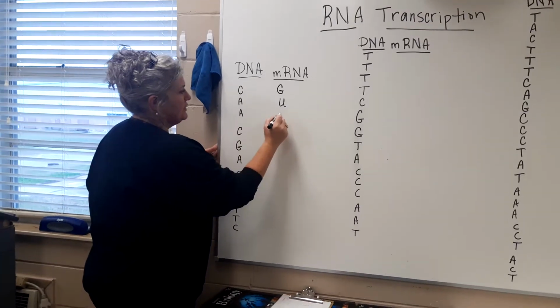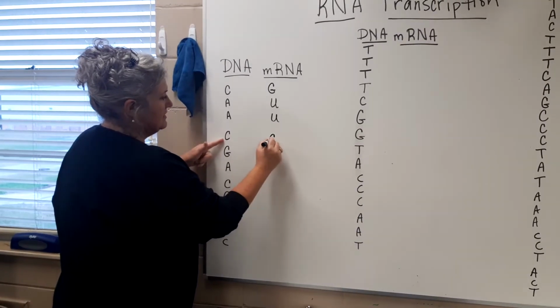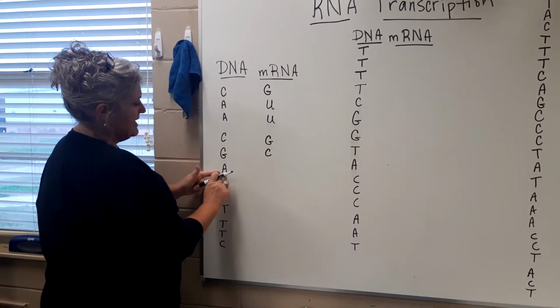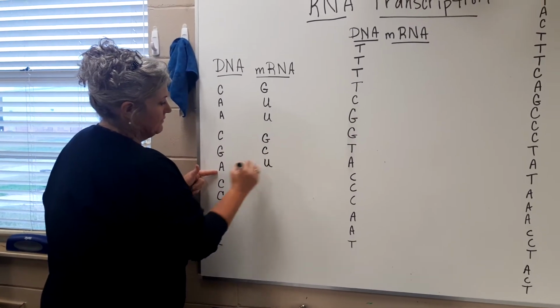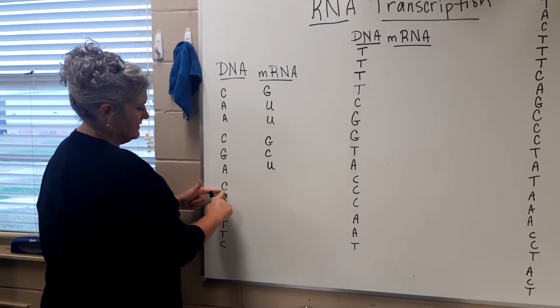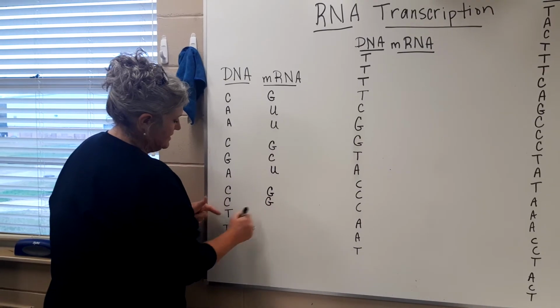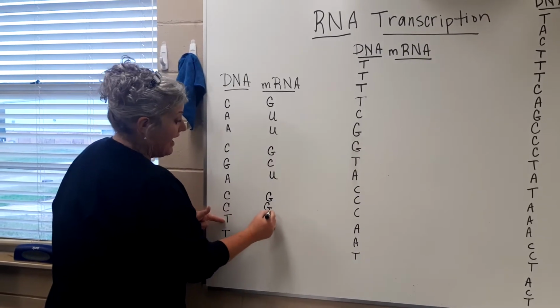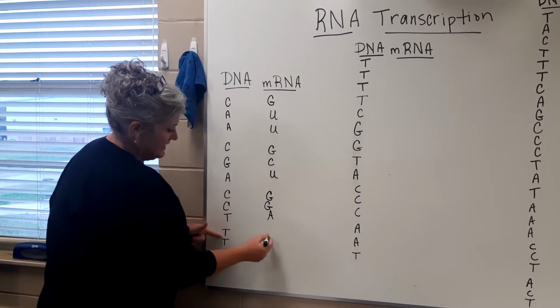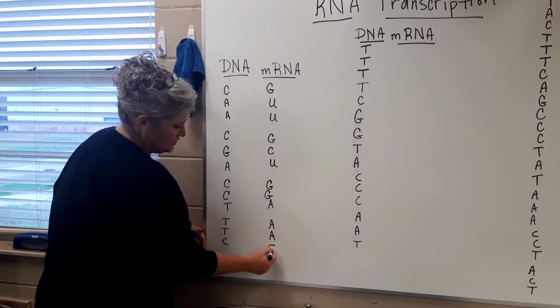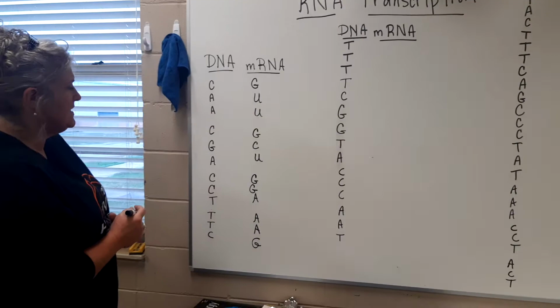A, U. Okay, so if there's a C, again, we'll have a G. If there's a G, it'll be a C for the RNA side, and the A, again, will be a U. C, G, C, G, T, A, T again, A, and the C is a G. Okay? So that's our first one.